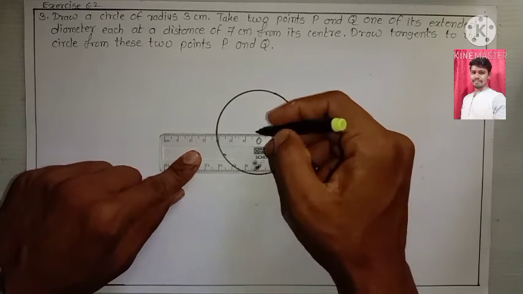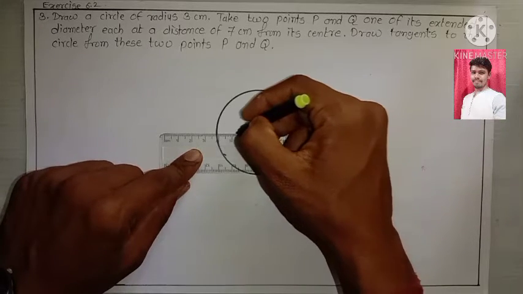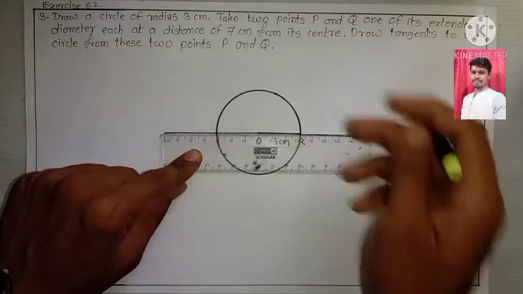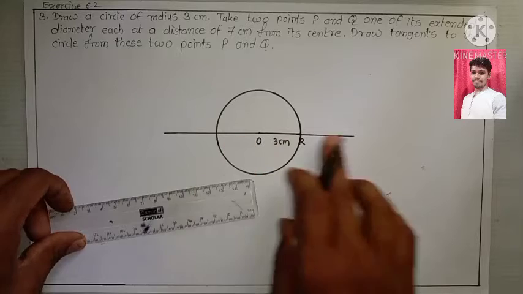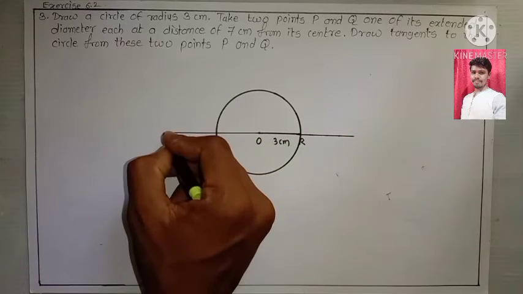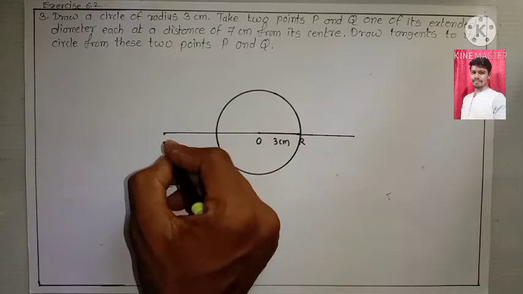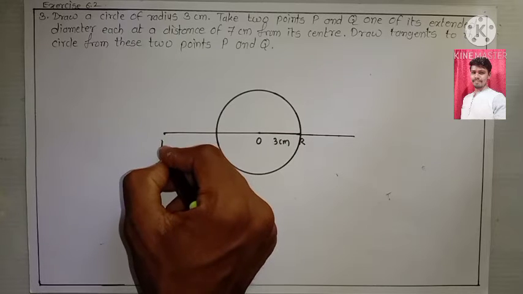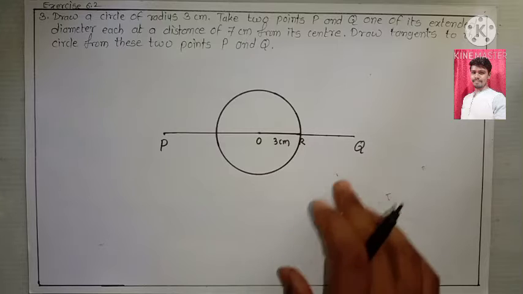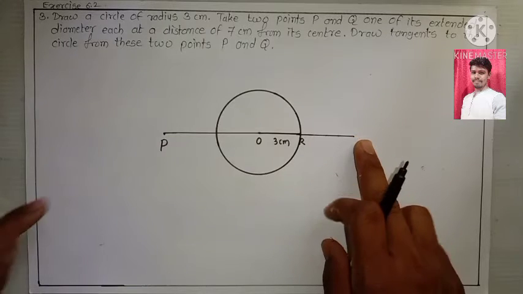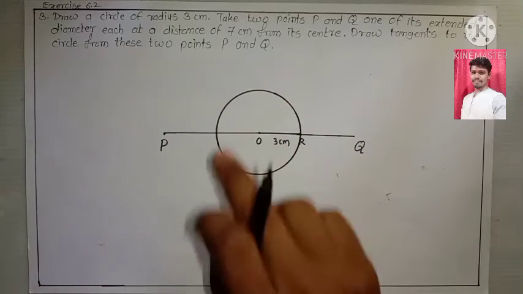These points we name P and Q, as given in the question. Through P and Q we want to draw a pair of tangents to the given circle.